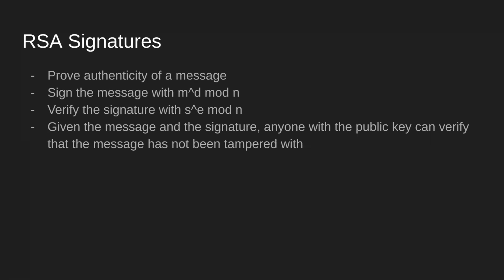So the decryption and encryption operations are reversed, so that if you end up with the message that you were expecting, you know that somebody must have had access to D in order to generate that signature.